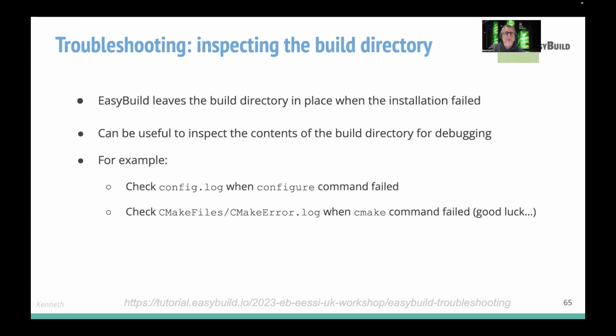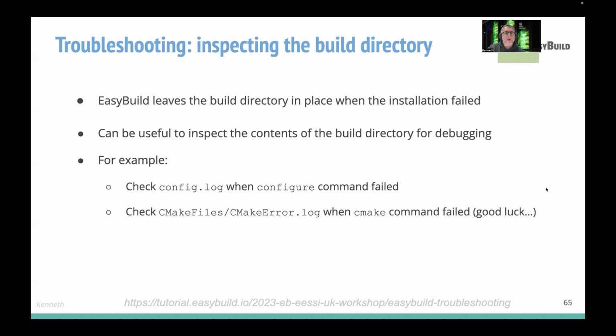What can also help is looking around in the build directory, so the location where, for example, a make command was launched. Because in there could be a bunch of files that are relevant, like the makefile itself that specifies what make should do, or in case of a configure command, you often have a config.log file, and the configure command may only say something went wrong, see config.log file. So the next challenge then becomes trying to locate that config.log file so you can inspect it more closely.